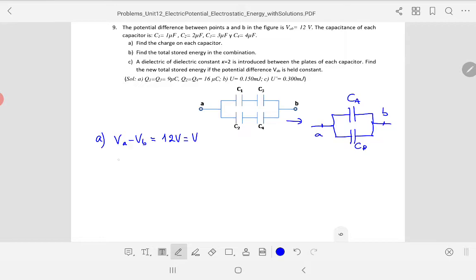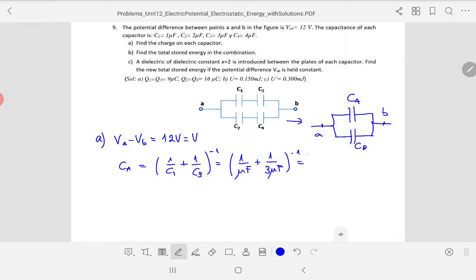As in the upper branch the capacitors are in series, we know that the equivalent capacitance is going to be the inverse of 1 over C1 plus 1 over C3, which is equal to 1 over 1 microfarad plus 1 over 3 microfarad, to the minus 1.